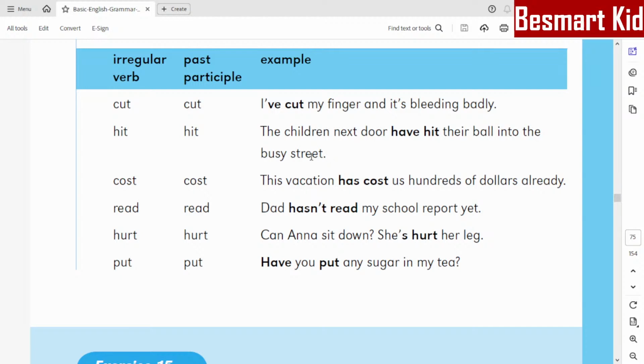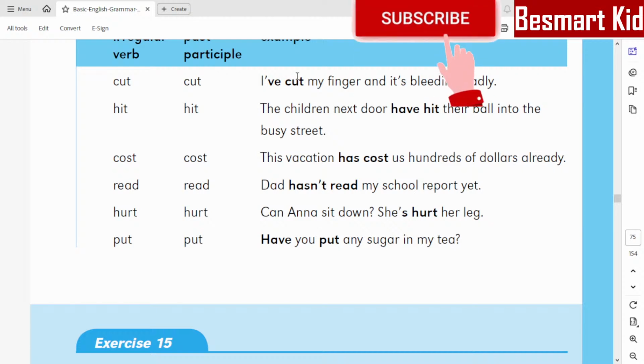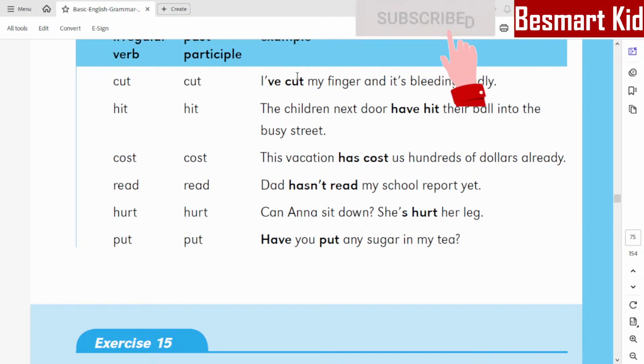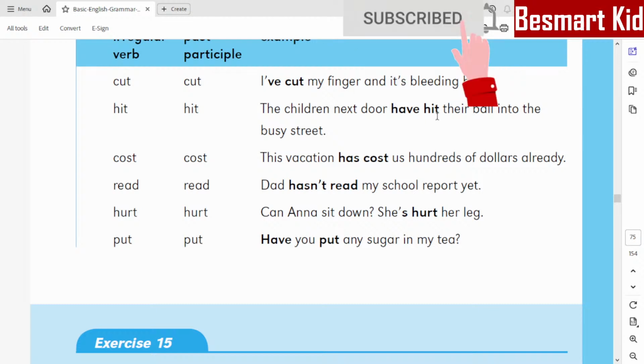Here we have some examples. I have cut my finger. The children next door have hit their ball into the busy street.